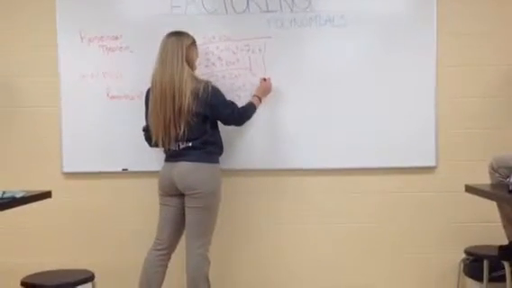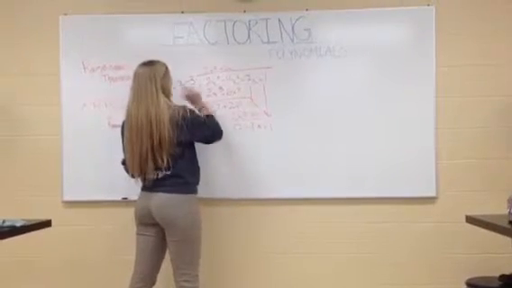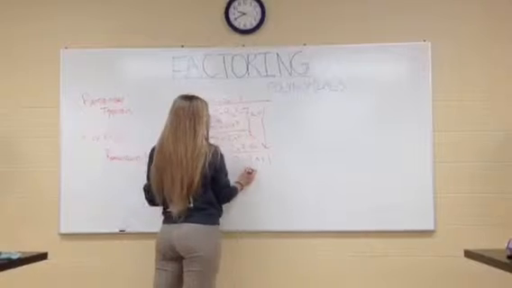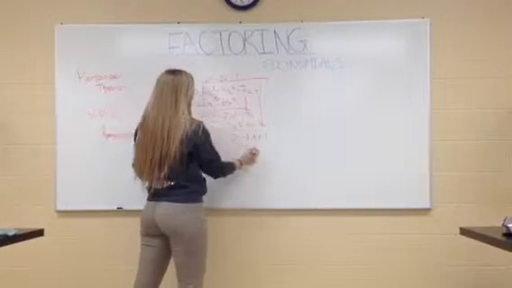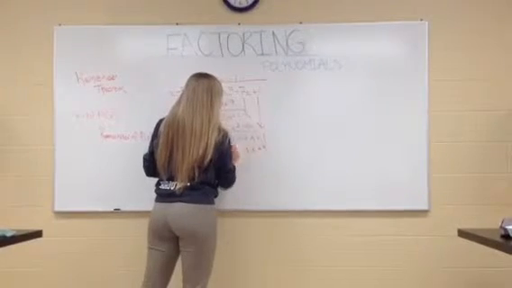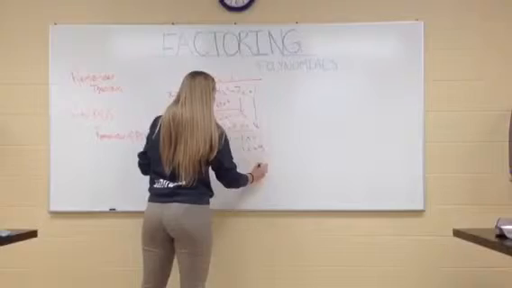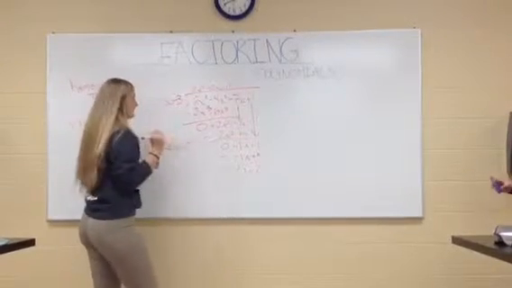We drop the positive 1, we divide negative 1x by x, which will give us negative 1. Negative 1 times x gives us negative 1x. Negative 1 times negative 3 gives us positive 3. And then we end up with 0 and negative 2. So that gives us a remainder of negative 2.